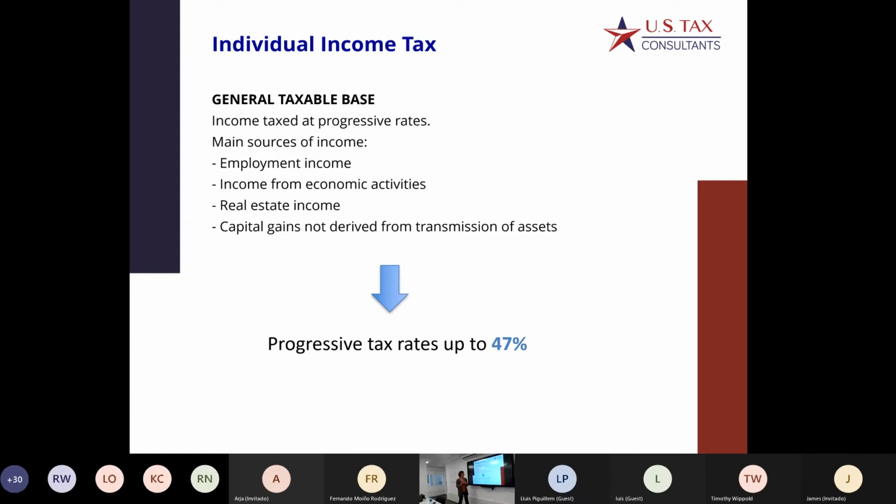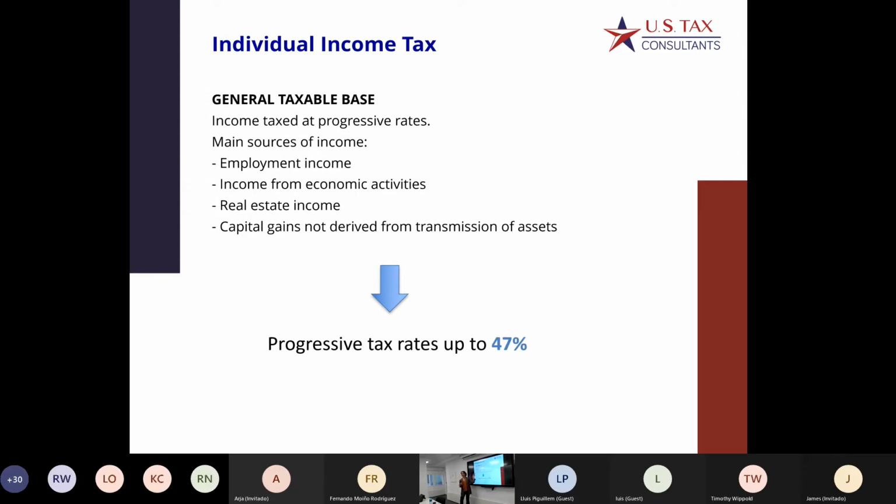Main sources of income: employment income, income from any economic activity, real estate income, rents, and capital gains that derive from transmission of assets.